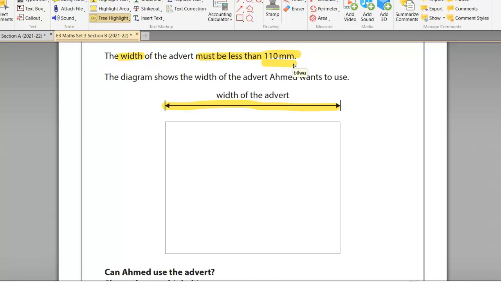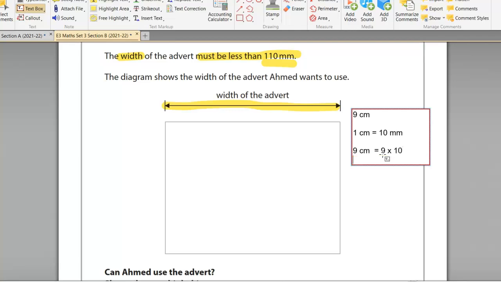So for example, if you measured that line, let's say you measured it and that line was 9 centimeters, then you'd say to yourself, okay, well, 9 centimeters, if every centimeter is 10 millimeters, which is something you must know at entry level 3, then 9 centimeters is going to be 9 times 10, which is 90 millimeters.